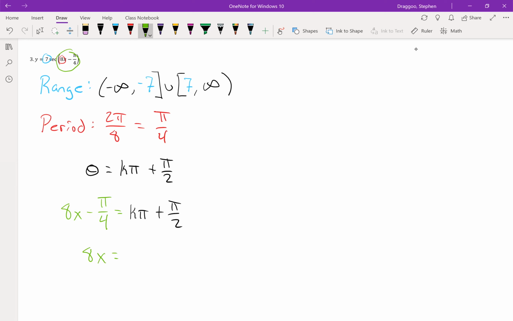If I add pi over 4 to the other side, I should get 3 pi over 4 plus k pi, as long as I combine the pi over 4 with the pi over 2, and then divide both sides by 8. 3 pi over 32 plus k pi over 8, or 3 pi plus 4k pi all over 32.